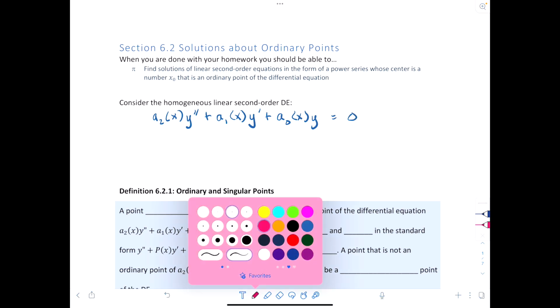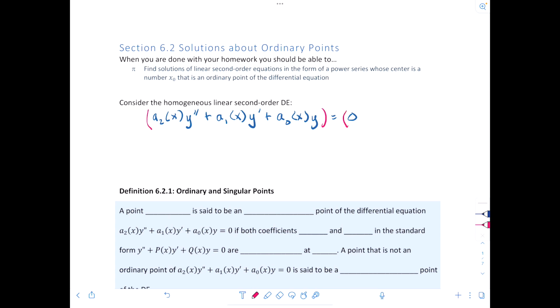Now, if we get this into standard form, multiplying by 1 over a2 at x on both sides, then we will end up with y double prime plus a1 at x divided by a2 at x, y prime, plus a0 at x divided by a2 at x times y is equal to 0.